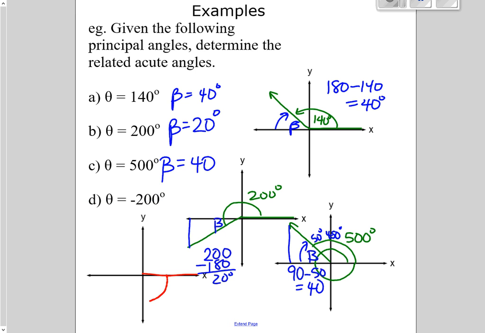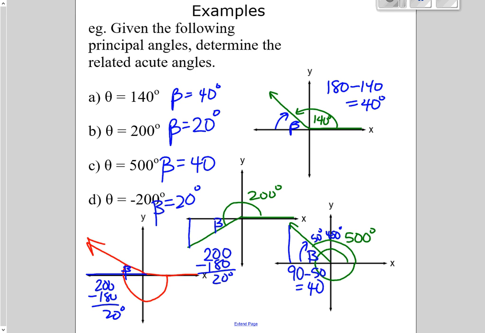So this is negative 90, negative 180, negative 200, right there. My related acute angle that I'm looking for is right down in there. So it's that little angle in there. I know that we did 180 and then we went a little bit further to 200. So if I subtract out that 180, I get 20 degrees. So beta must be 20 degrees.